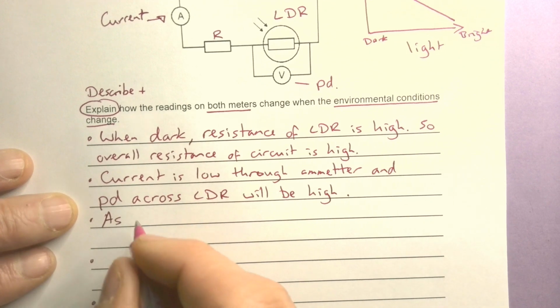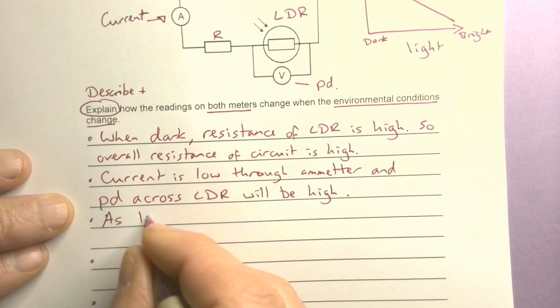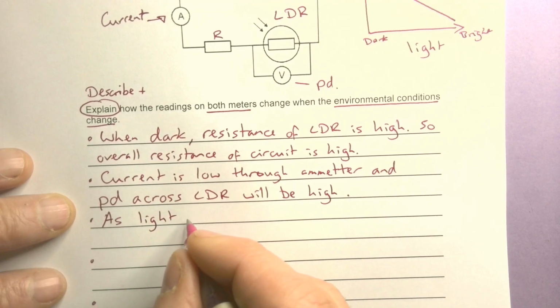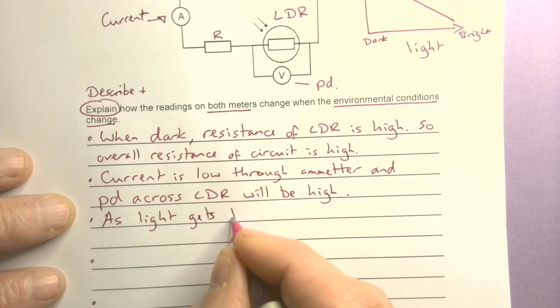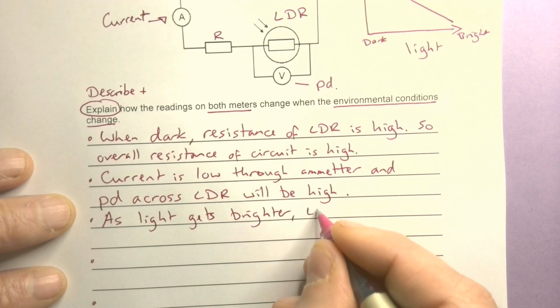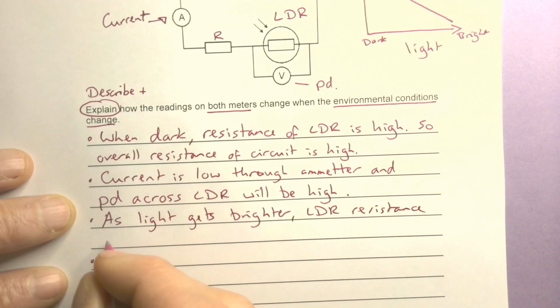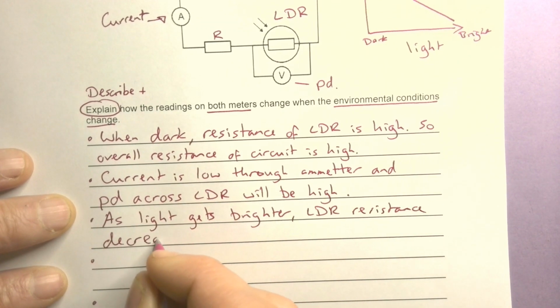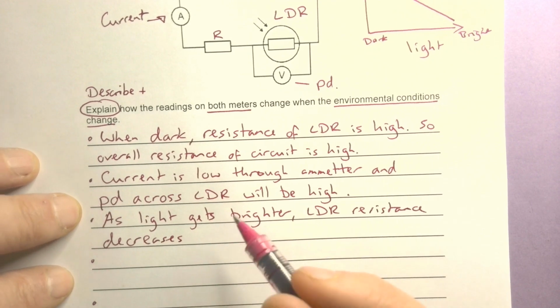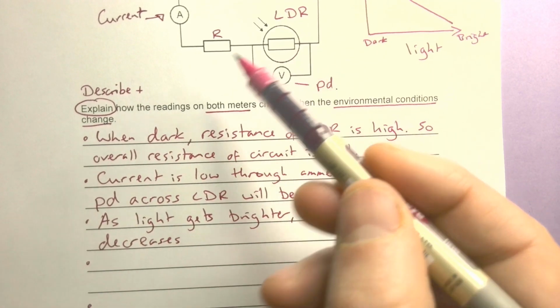As light gets brighter, LDR resistance decreases. Because its resistance decreases, it'd be much easier for the current to pass around the circuit.